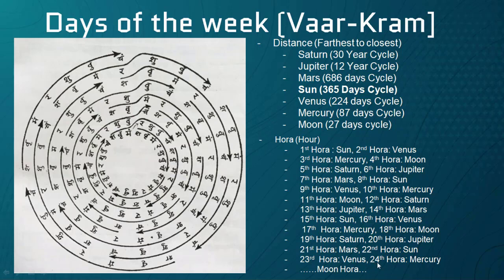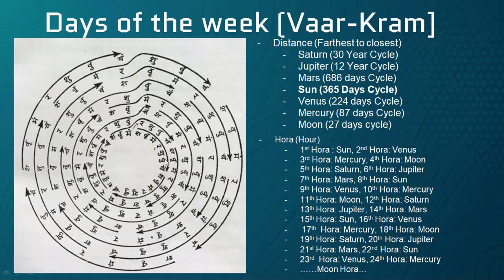After 24 hours the moon hora starts, and then the day becomes Monday. In a similar way, when you go through the next 24 hours, it is Mars that gets the first hour of the day. So the days of the week are derived based on the lord which rules the first hour. That's how the days of the week were named.